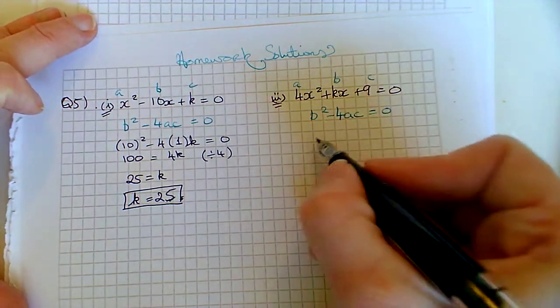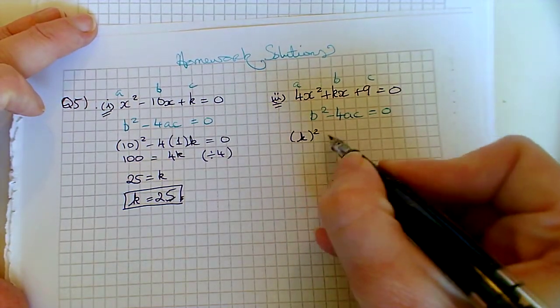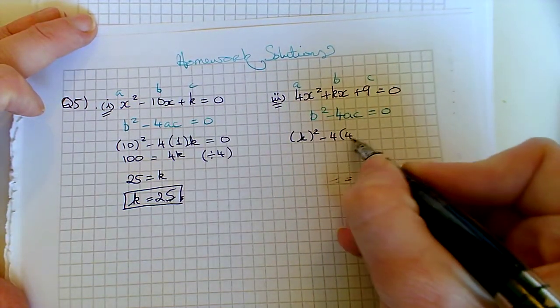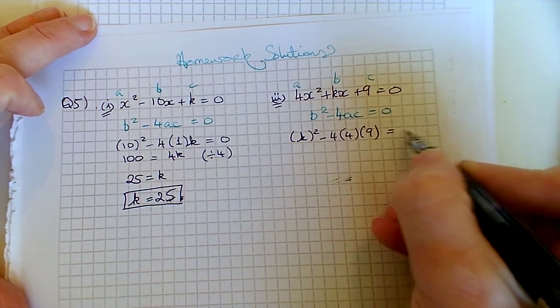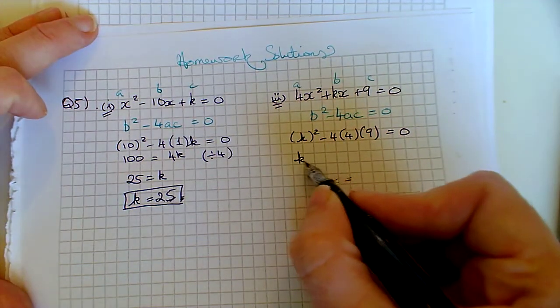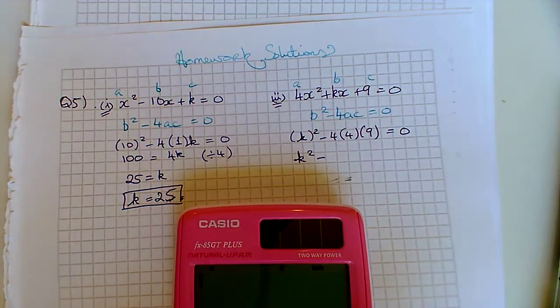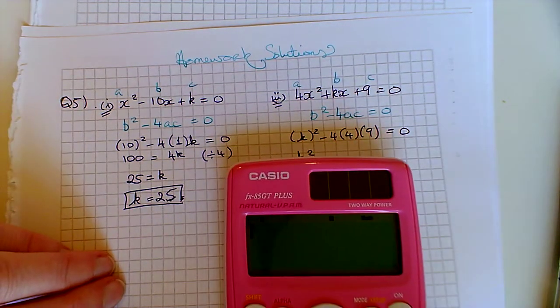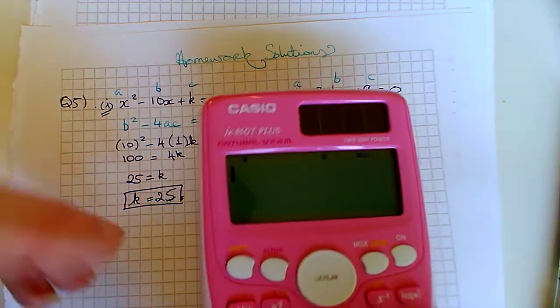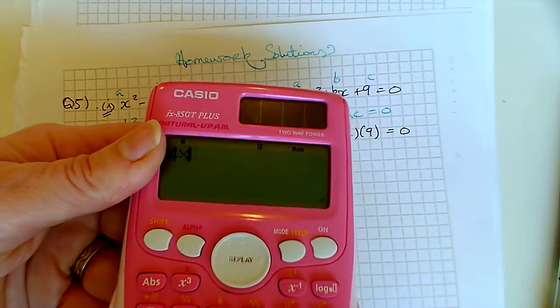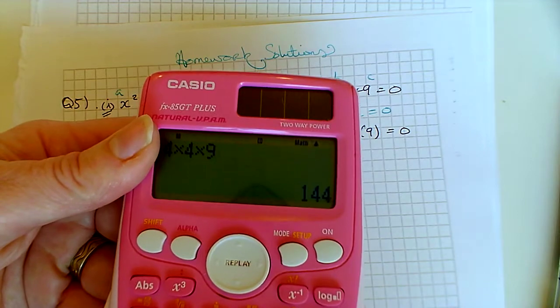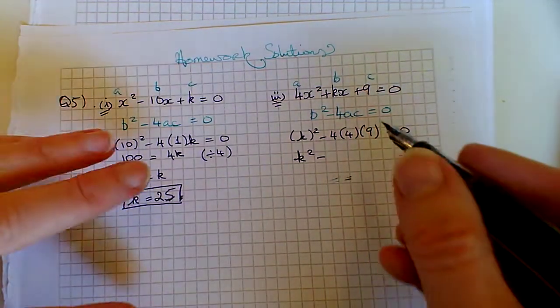And that means that k squared minus 4 by 9 is equal to 0. So k squared minus, I need to calculate this, 4 by 9, 4 by 9 gives me 144.